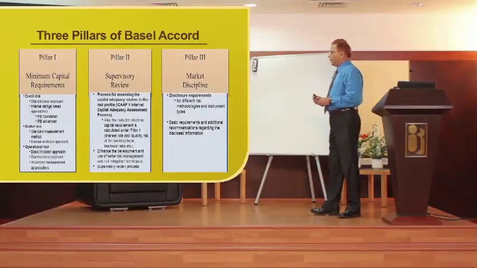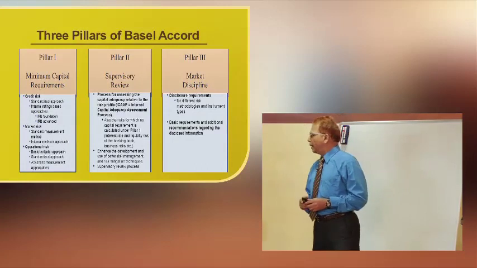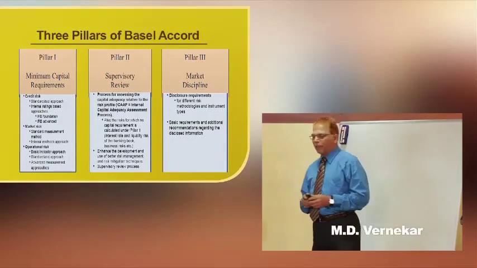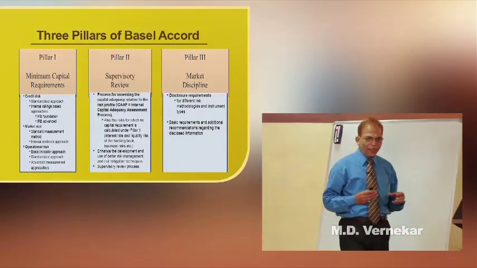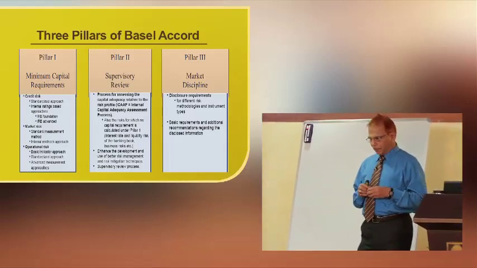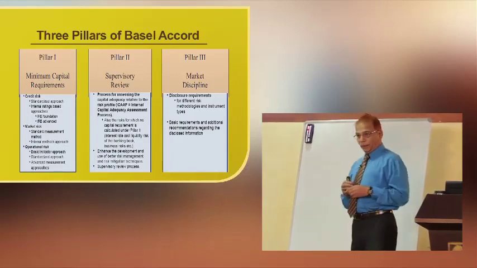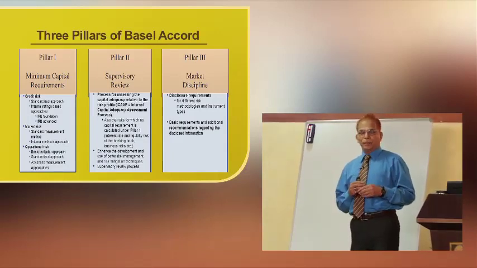Basel 2, the Pillar 1, is like your Basel 1 prescribed minimum capital requirements, because Basel wanted to encourage banks to use advanced risk management systems, and at the same time incentivize those banks which use very effective risk management systems.